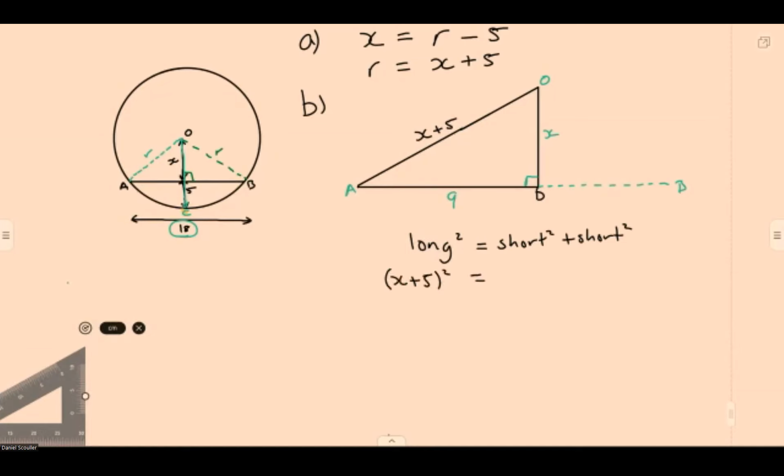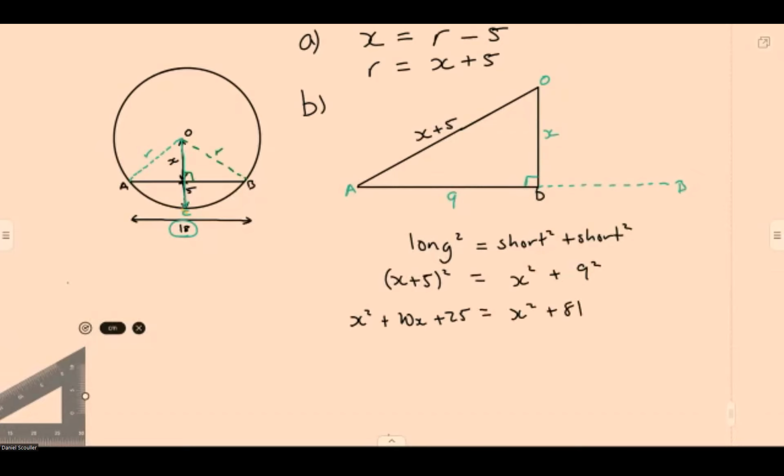Short squared is our X squared plus 9 squared. Let's split that bracket up. You should be comfortable with splitting brackets up. X squared plus 10x plus 25 equals x squared plus 81.